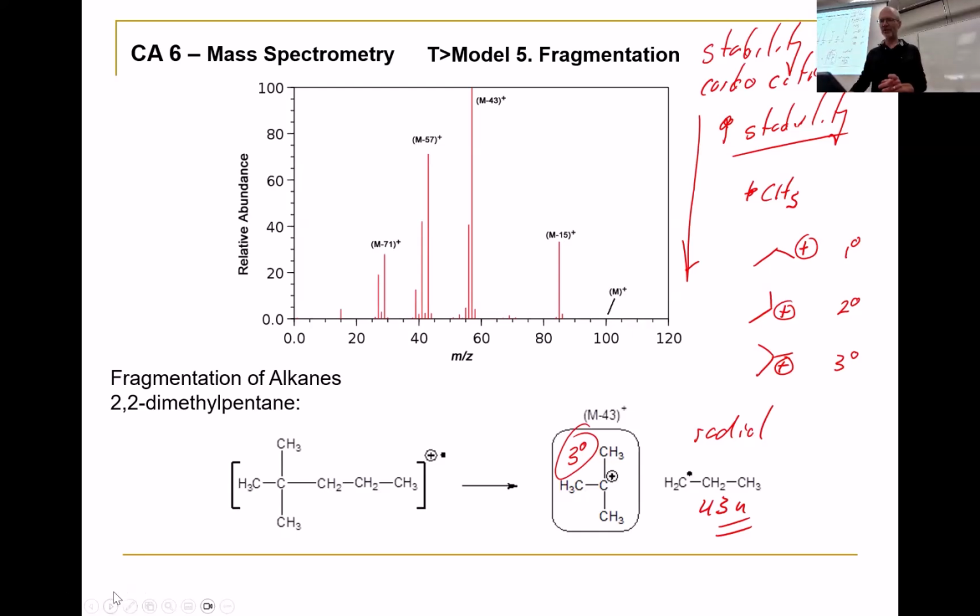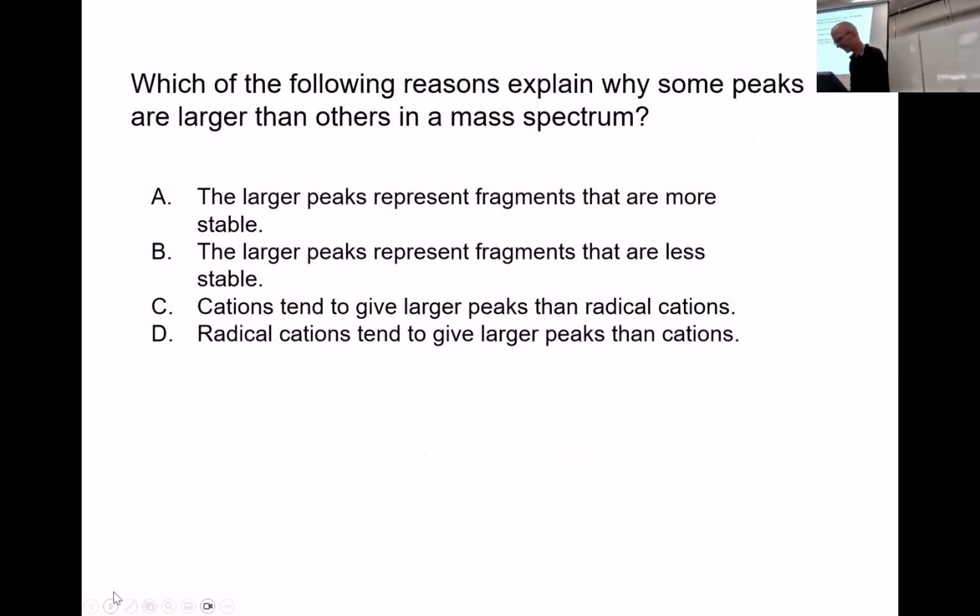So I have a quick question for you. It's right here. My pages are sticking together this morning. Okay, so this is check your understanding number 8. I'm just going to open it up here.